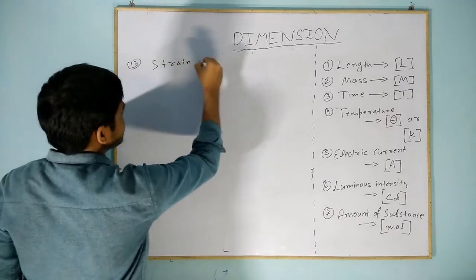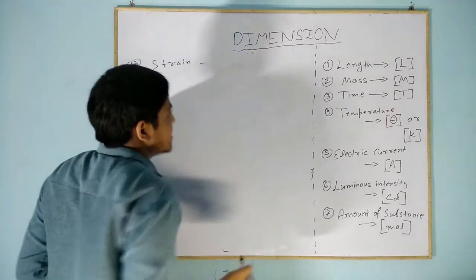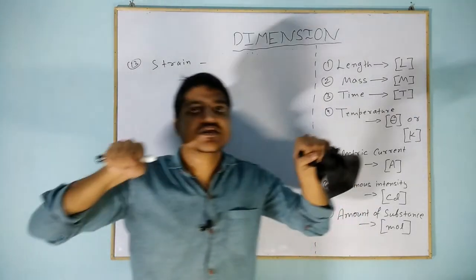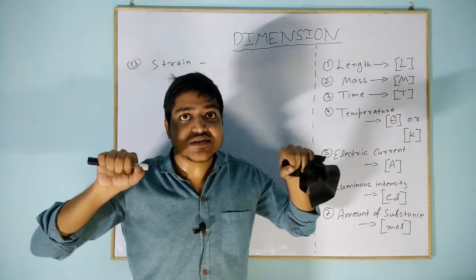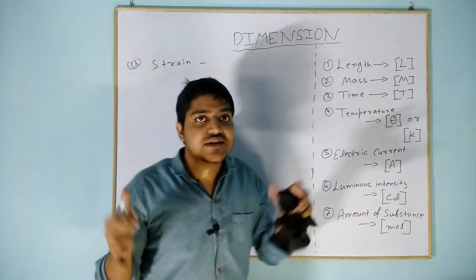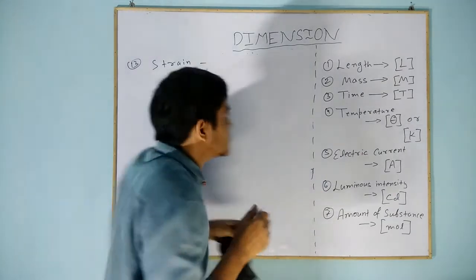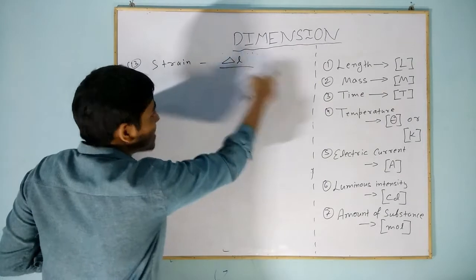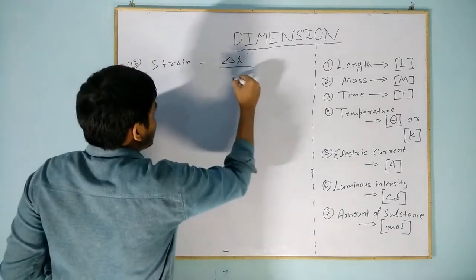Strain. The formula is change in length upon original length. So suppose there is a wire and you are stretching it, then you are causing a change in its length, right? So the change in length that occurred divided by the original length the wire had is known as strain. So change in length, delta L, upon original length.